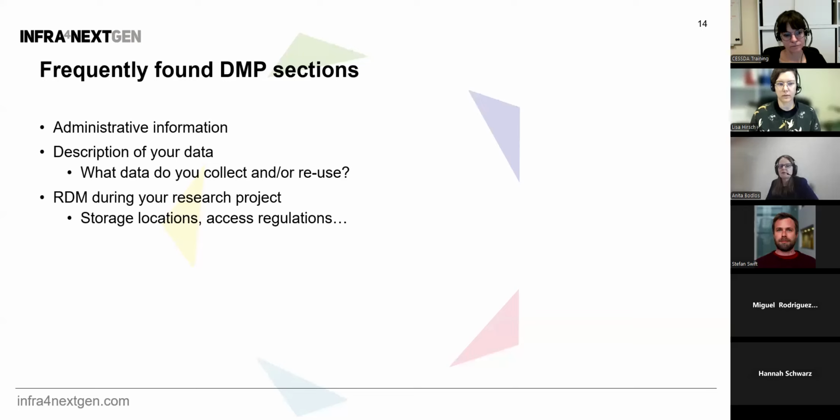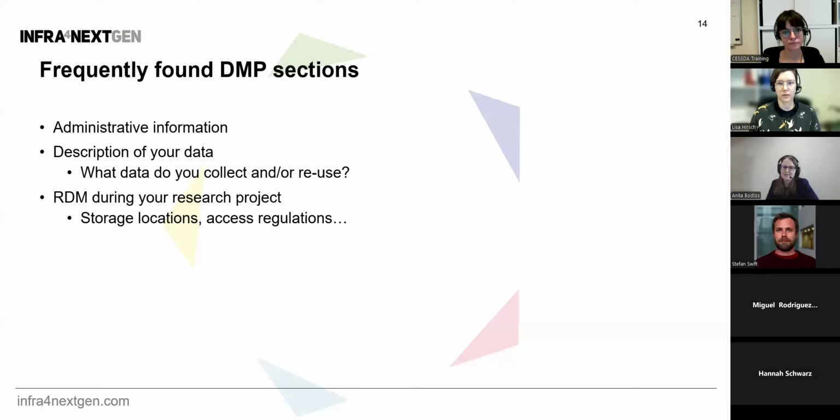Then there is often a section on research data management during your research project. For instance, where do you store your data? Who provides the storage locations? Usually funders prefer managed storage locations with automatic backups, like storage provided by research performing organizations that have automatic backups in place.